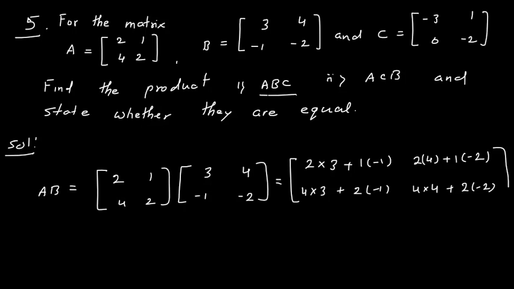Okay, so this is A cross B. We get 2 into 3 is 6 minus 1, here 2 into 4 is 8 minus 2, here it is 4 into 3 is 12 minus 2, and last 4 into 4 is 16 minus 4.